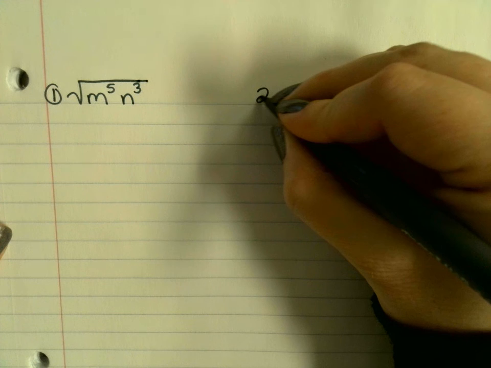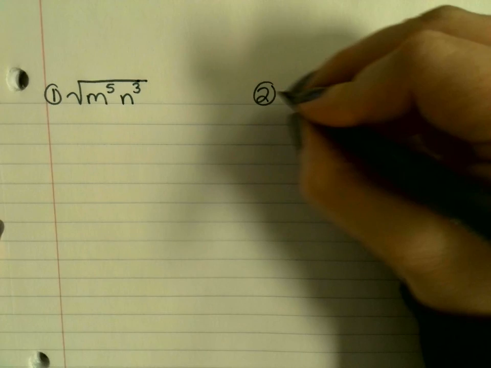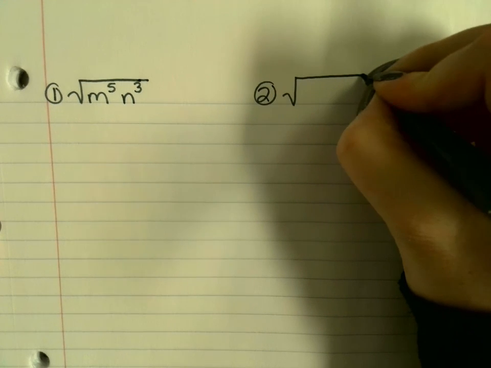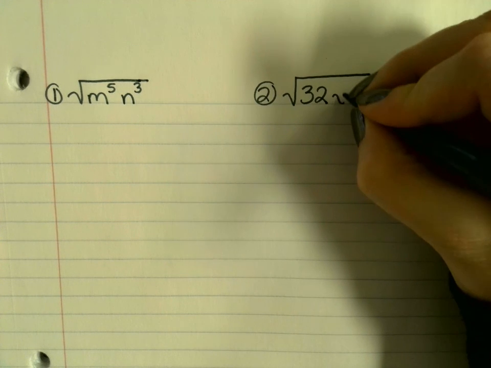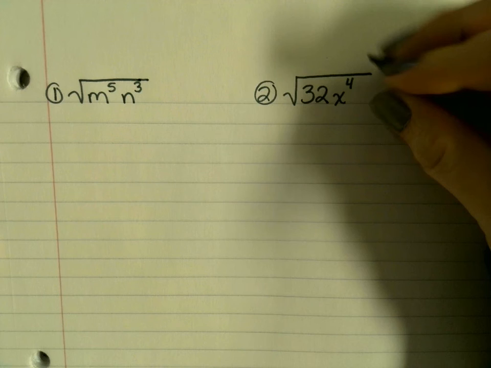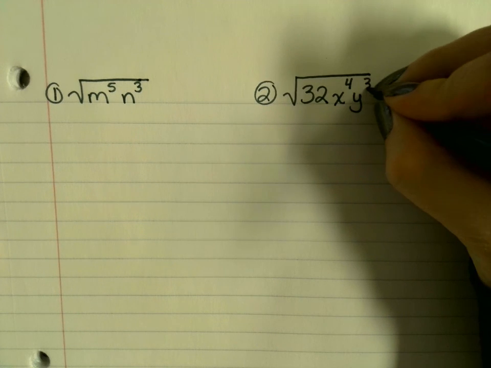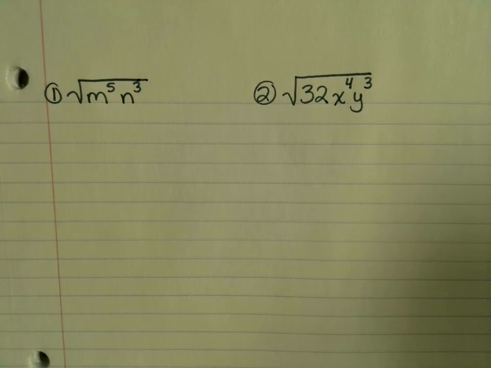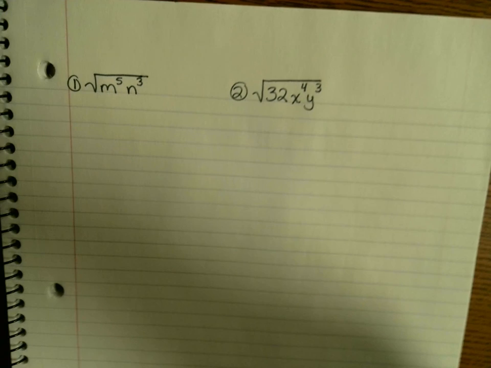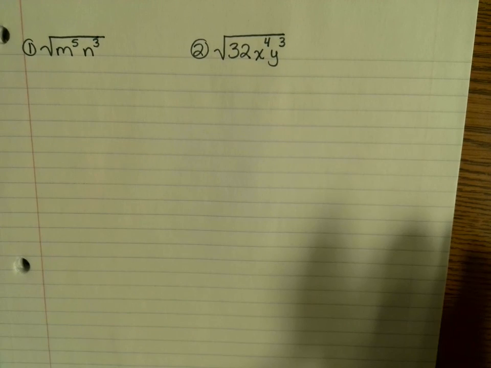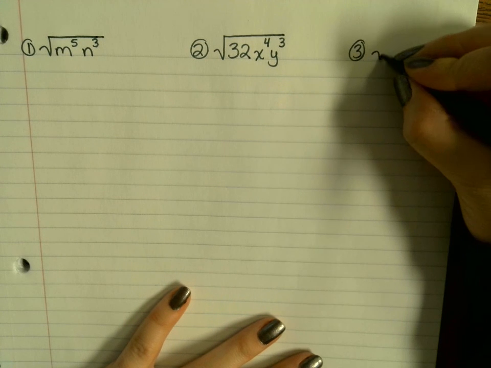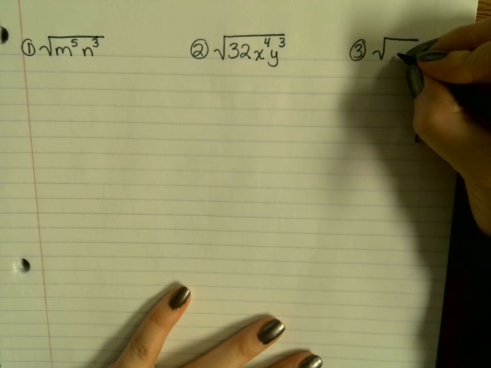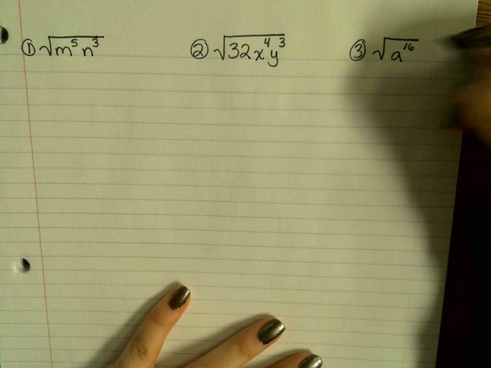For problem number 2, square root of 32, x to the 4th power, y to the 3rd power. For number 3, it's the square root of a to the 16th power.